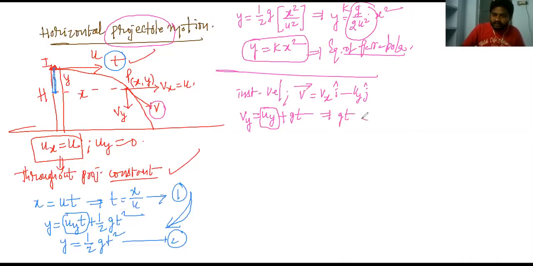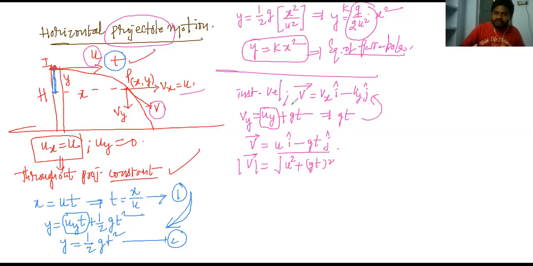So finally, substitute here. v bar is equal to vx, and vx is u. Vx is constant, I told you, anywhere vx is equal to u. So u into i cap minus gt into j cap. The magnitude of this velocity at any instant will be square root of u square plus gt whole square.